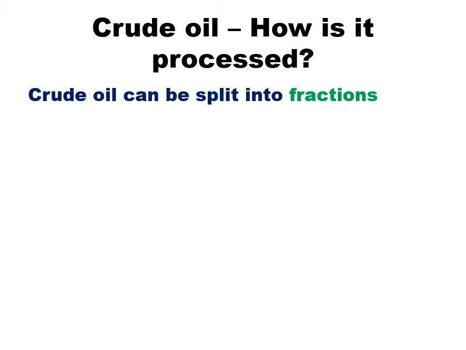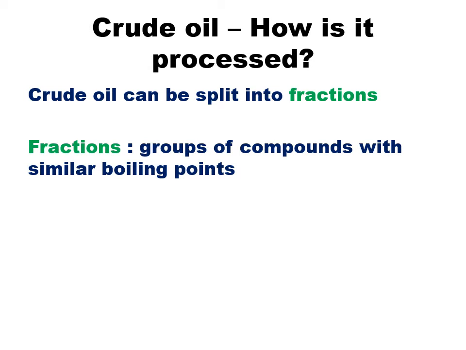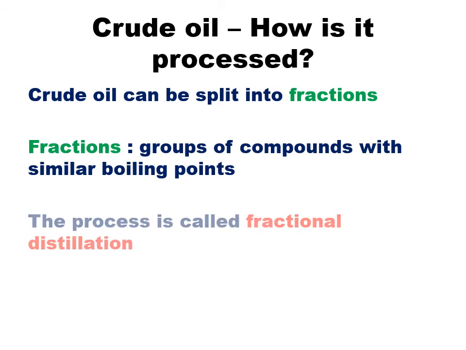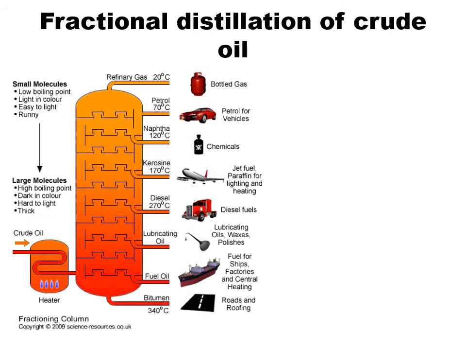Crude oil can be split into fractions. What are fractions? A fraction is a group of compounds with similar boiling points. The process we use to split the crude oil into different fractions is called fractional distillation.